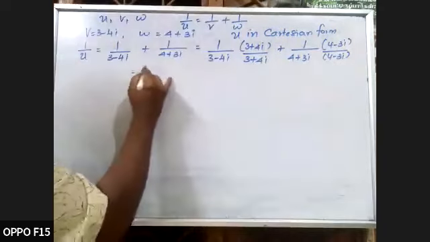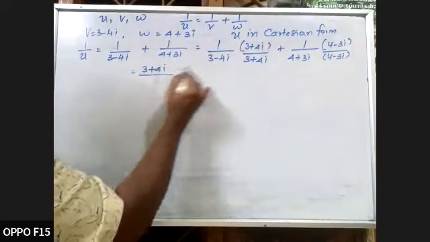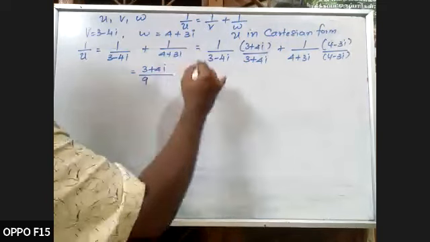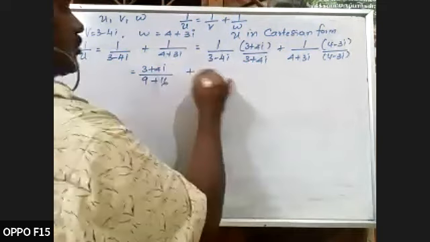So which is equal to 3 plus 4i divided by a plus b divided by a minus b. A square 9 plus b square, that is 16, plus 4 minus 3i.